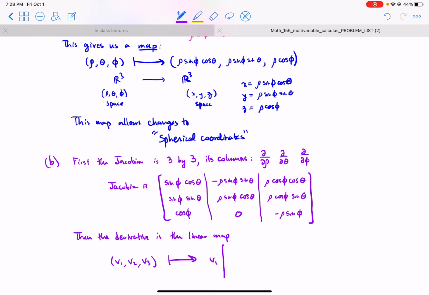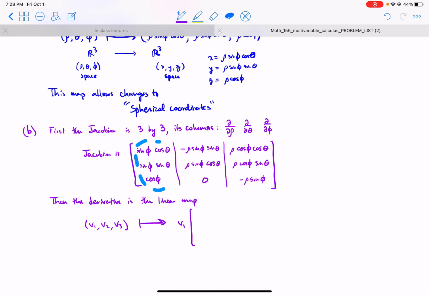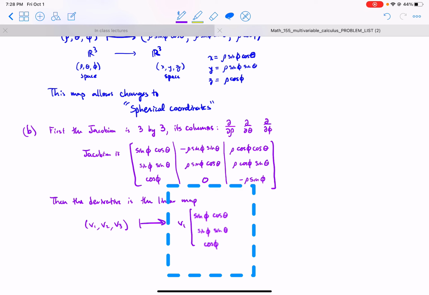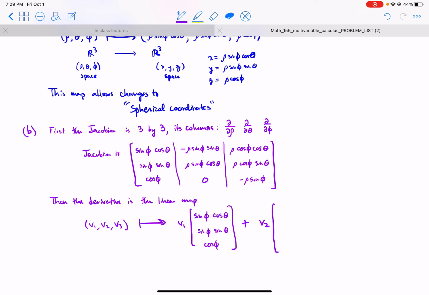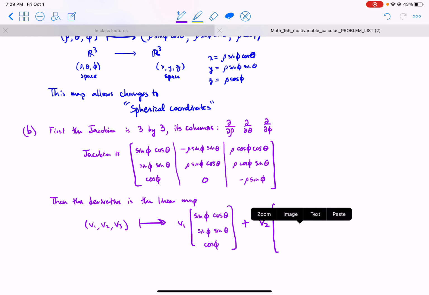But now, we have to send it to v1 times this column, plus v2 times this column. So we're just taking a linear combination of the columns of the Jacobian matrix. And if we plugged in a point, this would be a number, a number, a number. But we didn't plug in a point.